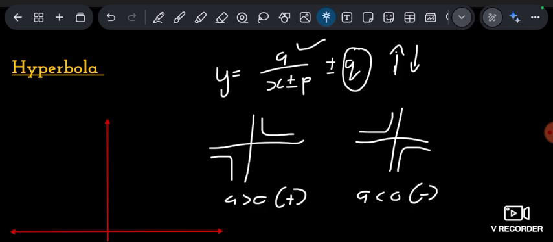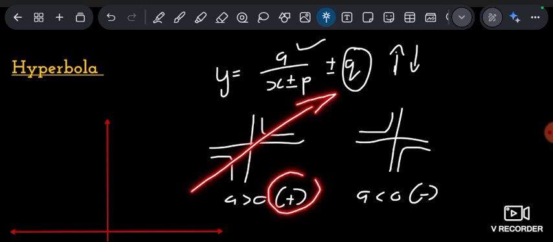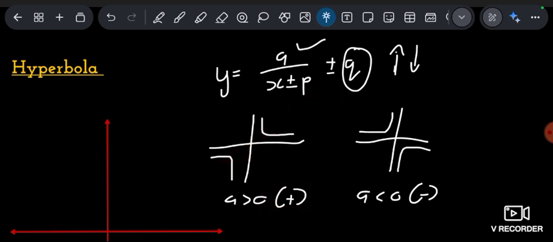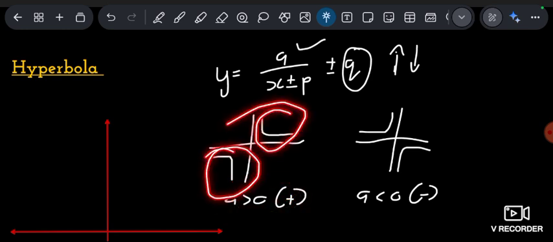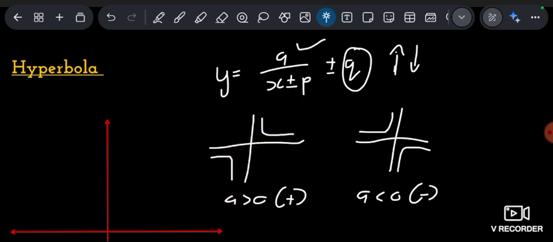We can draw a line over here and see, okay, this line is increasing, right? What is increasing? Positive. So now we know that our a is positive, so we should draw the graphs between this one and this one. The same thing will happen over here when we say a is less than 0, meaning it is decreasing, negative.